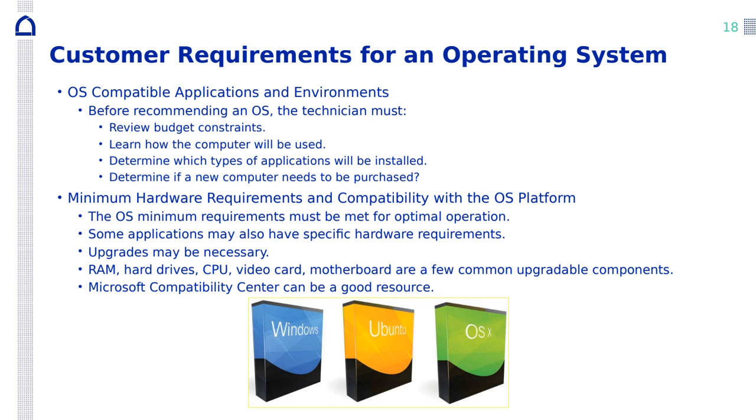When you want to choose your operating system, you have to consider how much budget you have, how your computer will be used, and what applications you will have on the computer. If I am going to use all Microsoft products, it's better to install Windows, because I'm going to use all Windows applications. Why should I put Unix or Linux or Mac?